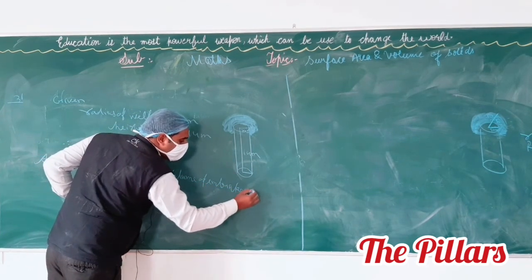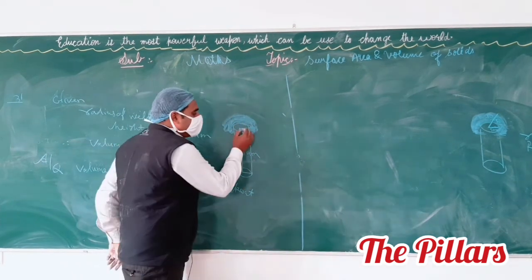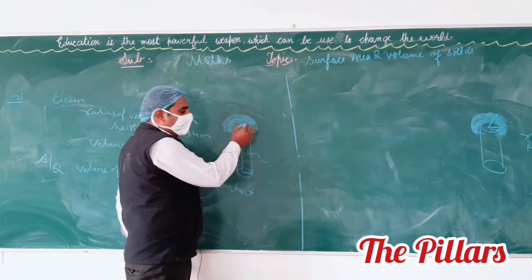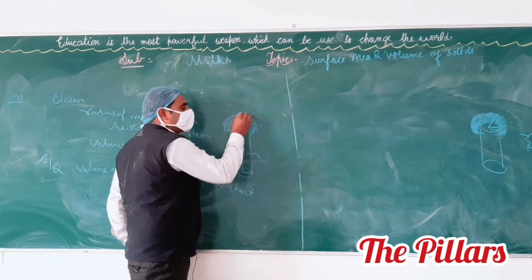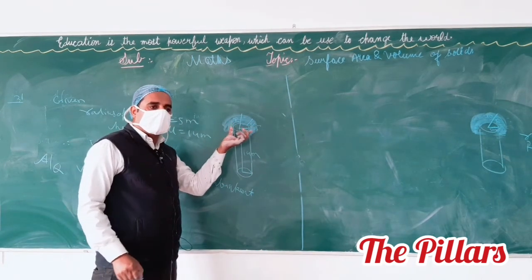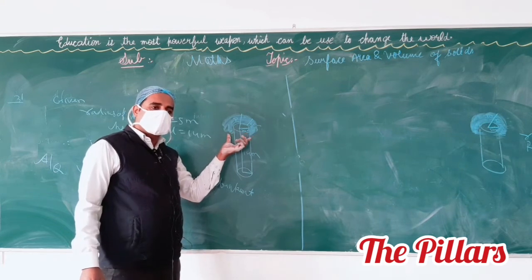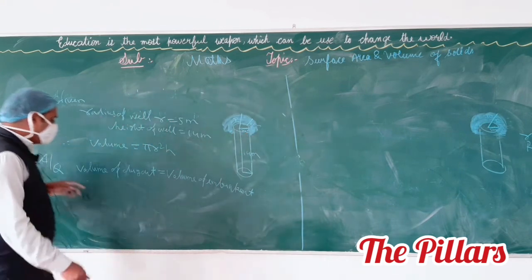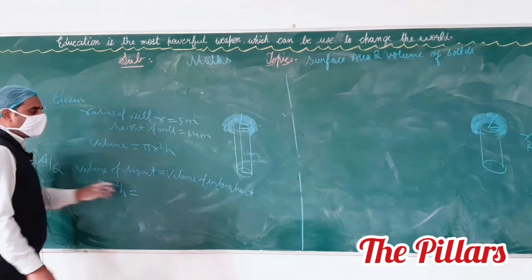Whenever you make the embankment, the internal radius is given as 5 meter and the external width is given as 5 meter. It means capital R is 10. The embankment is a hollow cylinder, and the volume of a hollow cylinder is π(R² − r²)h. It means this dugout πr²h equals the volume of embankment.